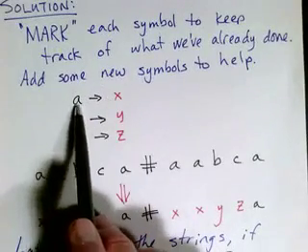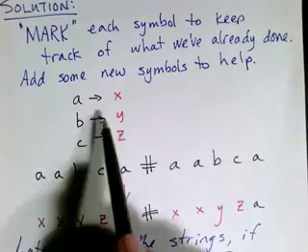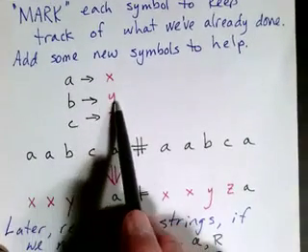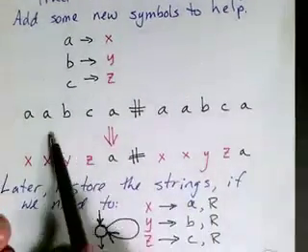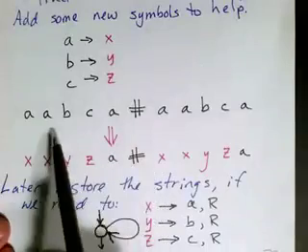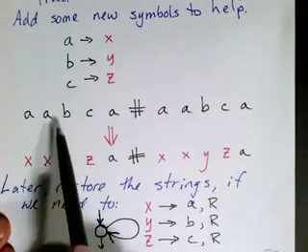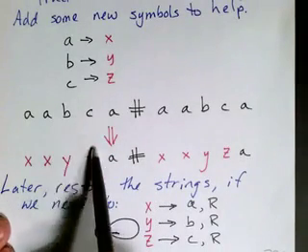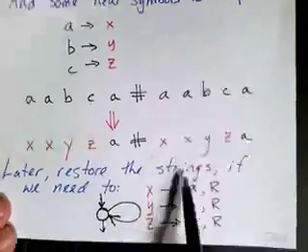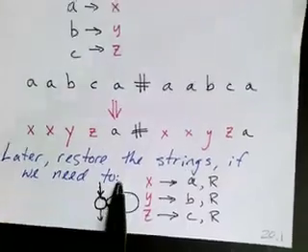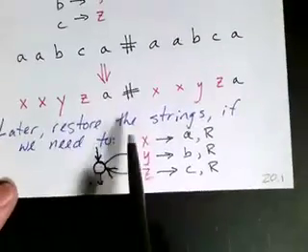So we're going to add some new symbols. Remember, our input alphabet had A, B, and C in it, so we're going to use 3 new symbols, X, Y, and Z, for each one of those. The idea is, instead of turning everything into an X, we're going to turn A's into X's, B's into Y's, and C's into Z's. And then later, after we're all done, we can restore the strings if we're going to be needing them later in the algorithm.